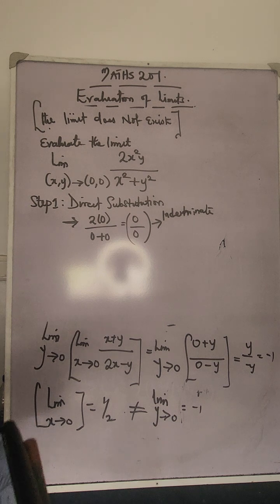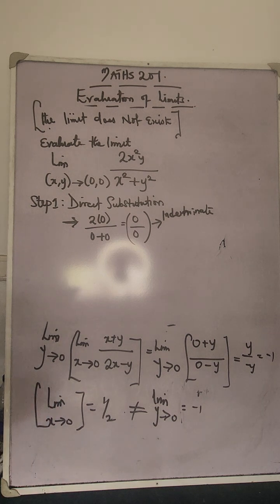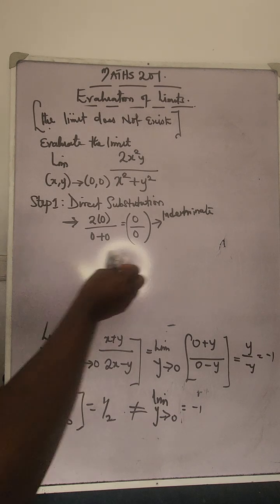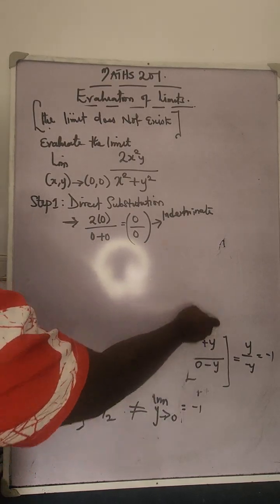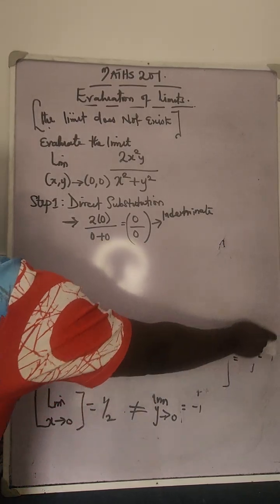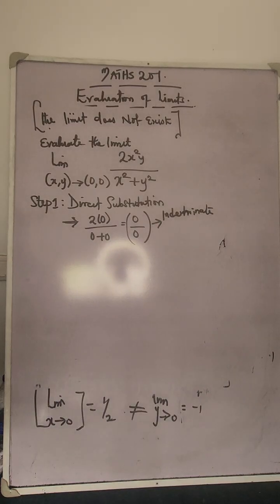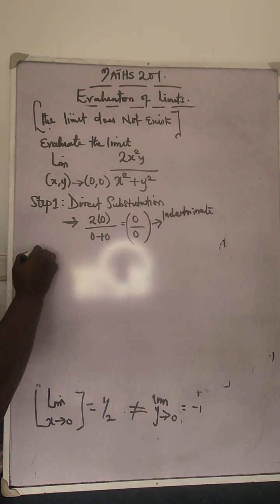And so what do we do? We try other steps. So this time around, instead of trying the path approach, let me use another step. Let me try along a straight line.